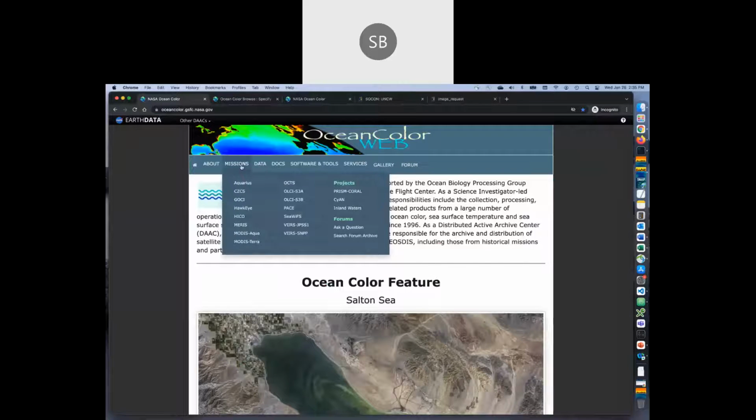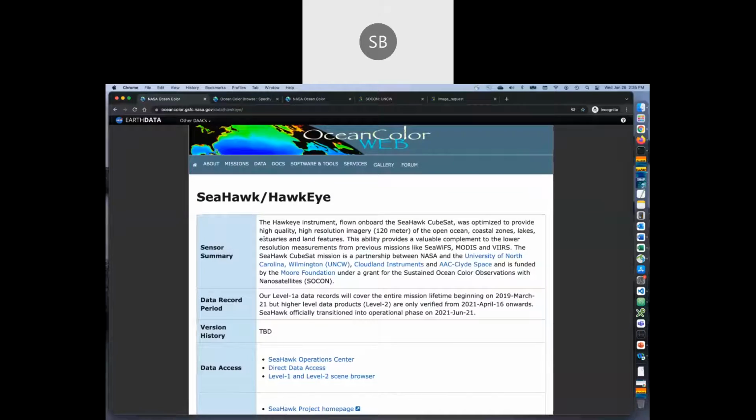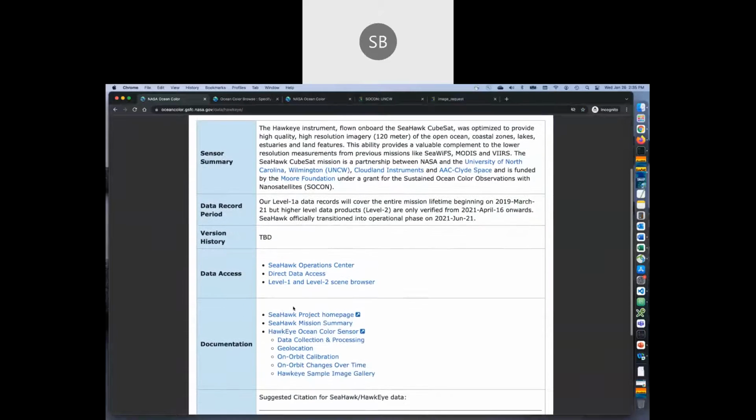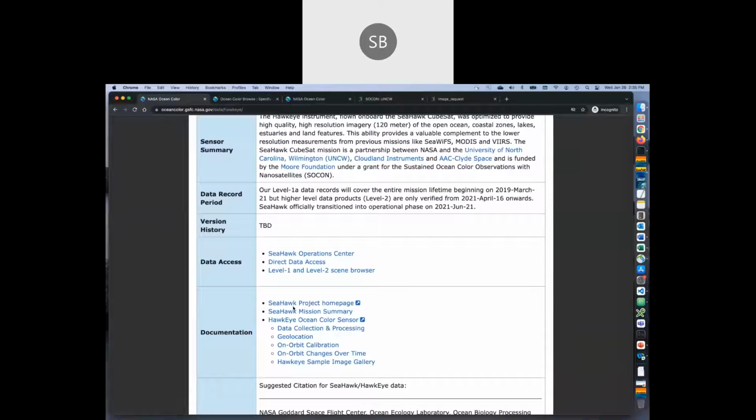If you wanted information about the HawkEye instrument, under missions, if you click on the HawkEye page, you'll get a summary of information about the satellite, some links to important information, including data access, as well as links to the project page hosted by the University of North Carolina, Wilmington.